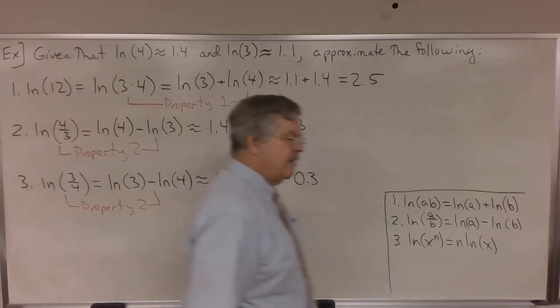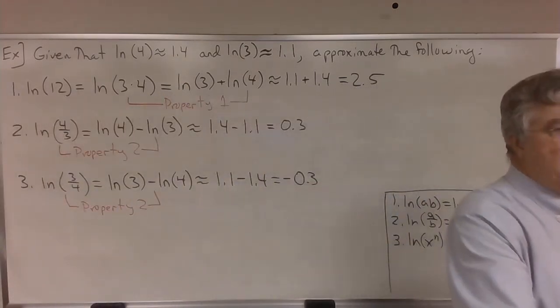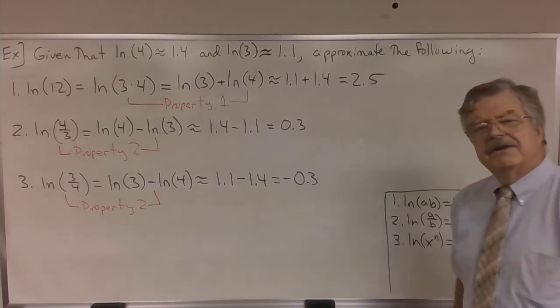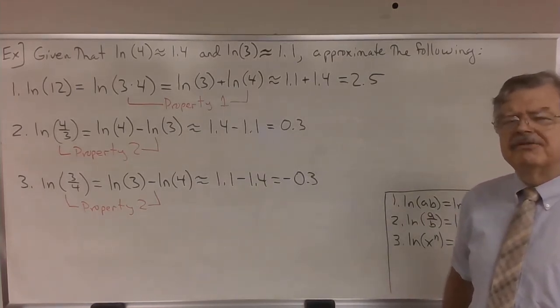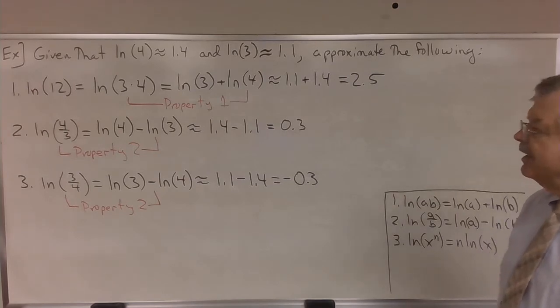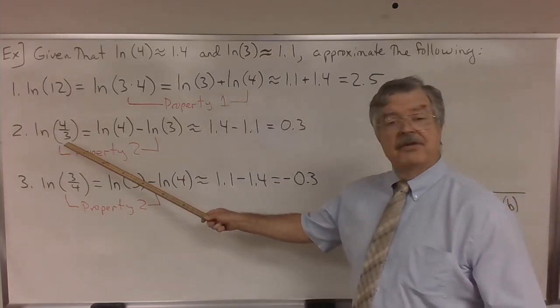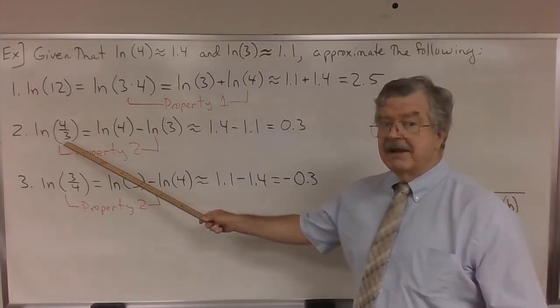Now let's just stop for a minute and take a look at our answers, just so that we can tie this in with something else that we already know. 4/3, that number is greater than 1.